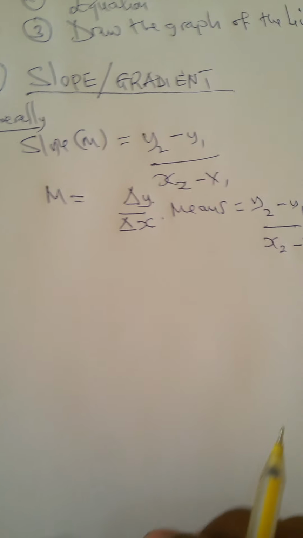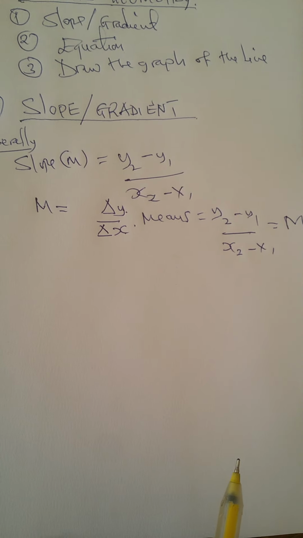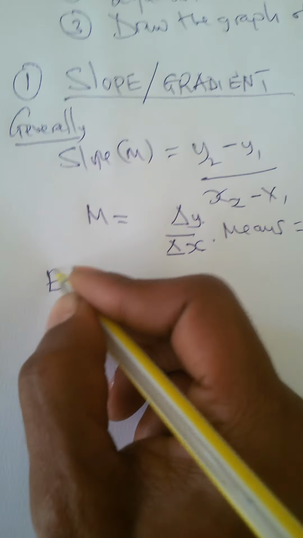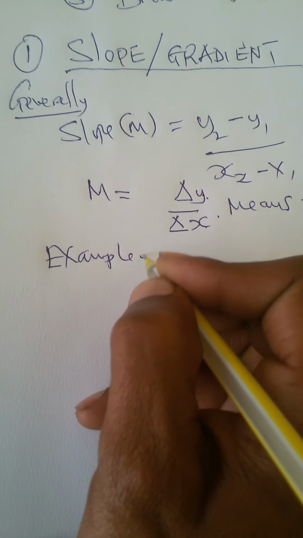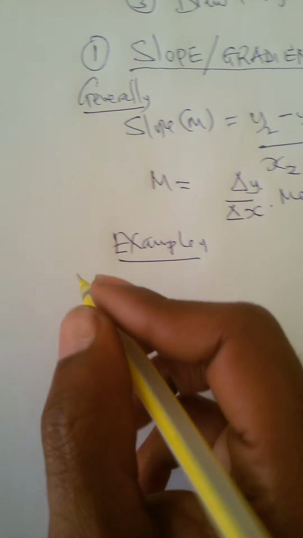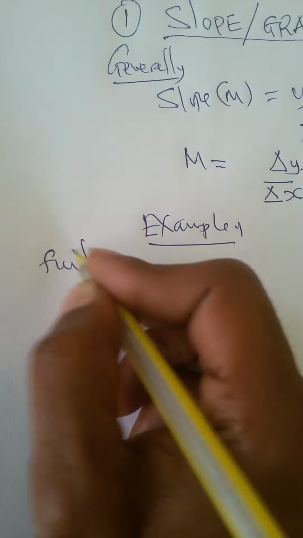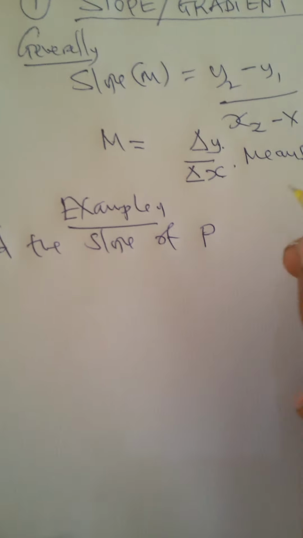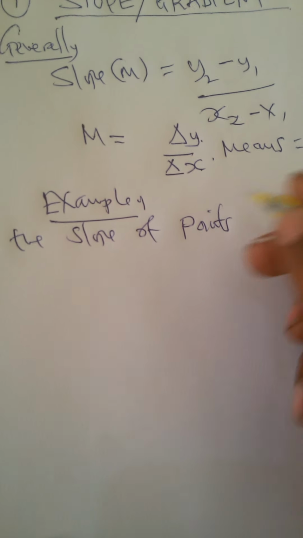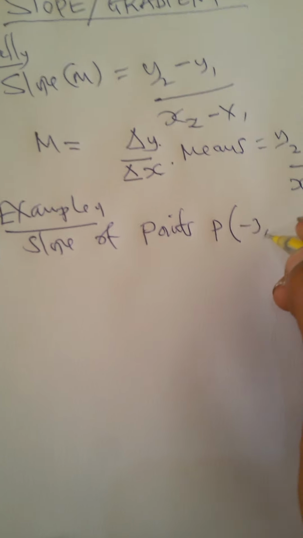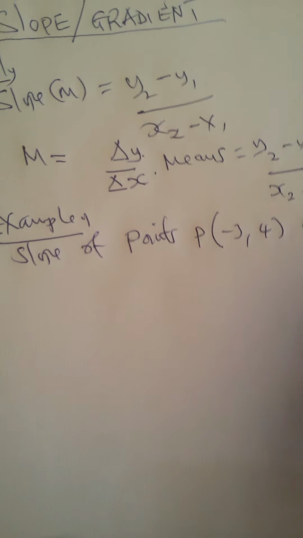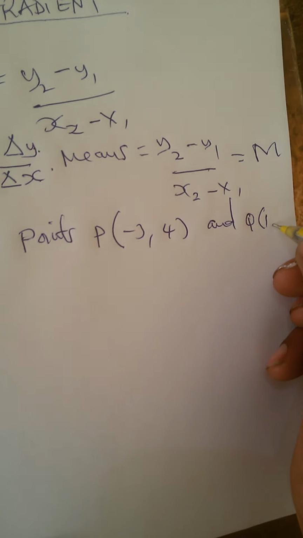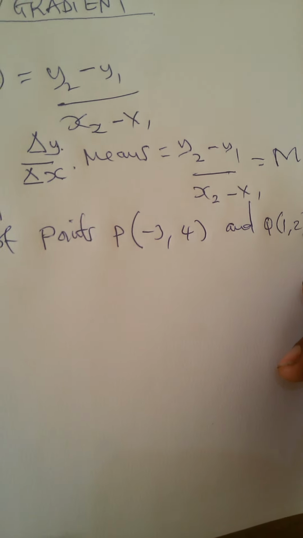Okay. After learning that, we'll look at a good example. Example 1. Find the slope of the points P, which is equal to negative 3, 4, and point Q, which is equal to 1, 2.